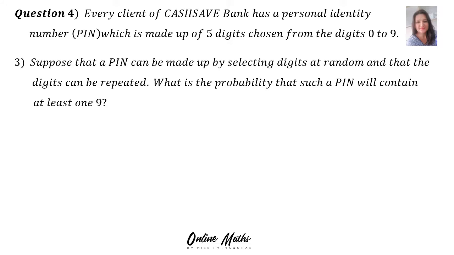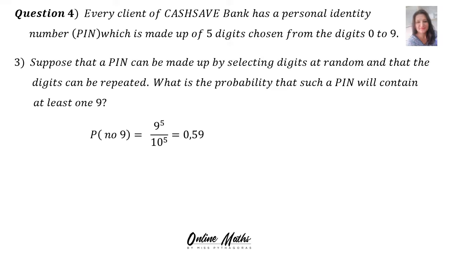This question is still part of question 4. Number 3. Suppose that a PIN can be made up by selecting digits at random and that the digits can be repeated. What is the probability that such a PIN will contain at least one 9?